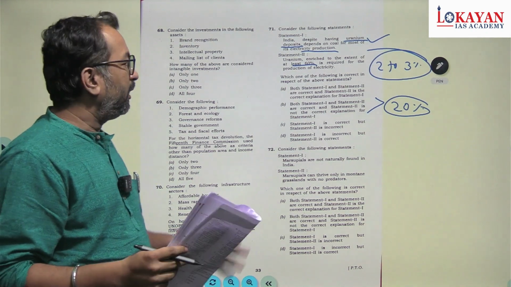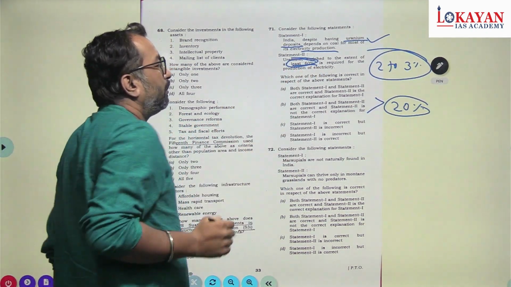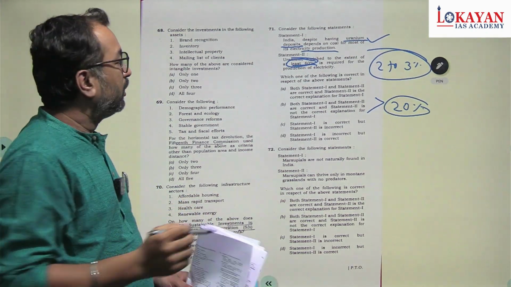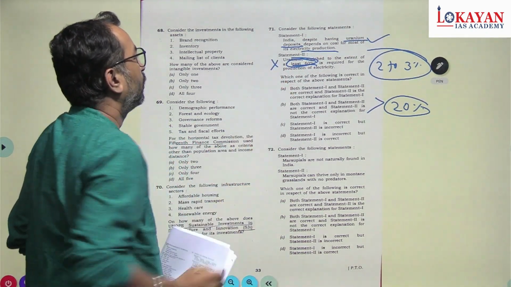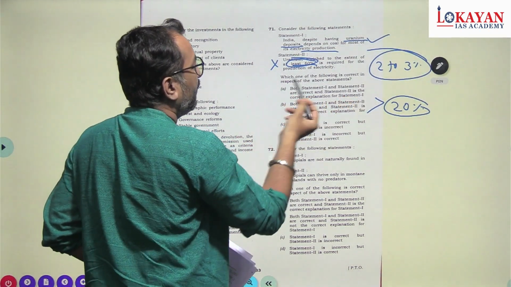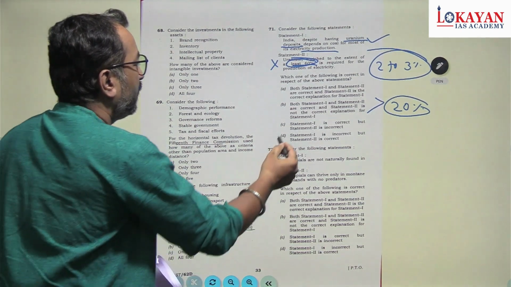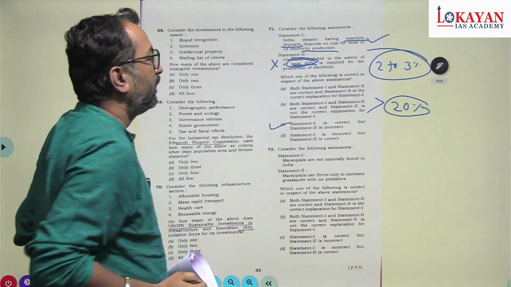So 60% is a very big number, and the second statement is wrong. What is the question here? Which one of the following is correct in respect of the above statements? Only statement 1 is correct, but statement 2 is incorrect.